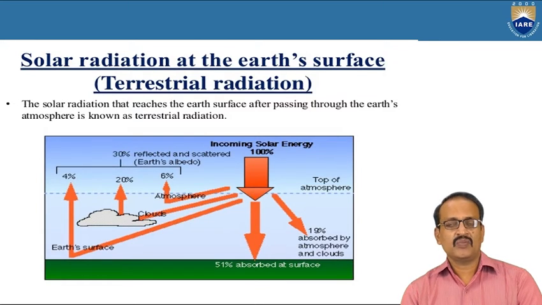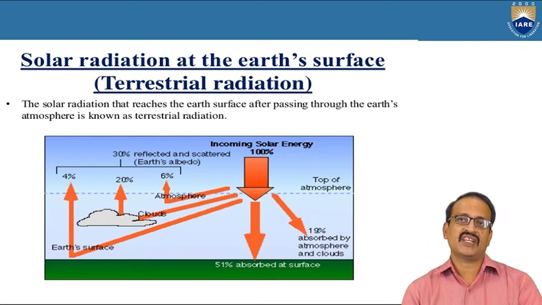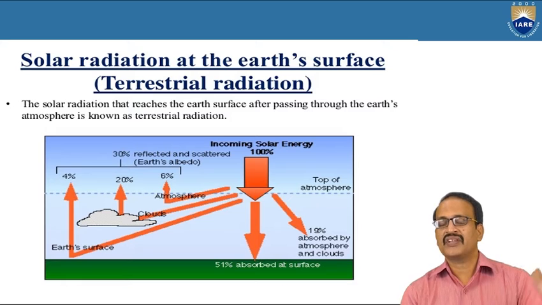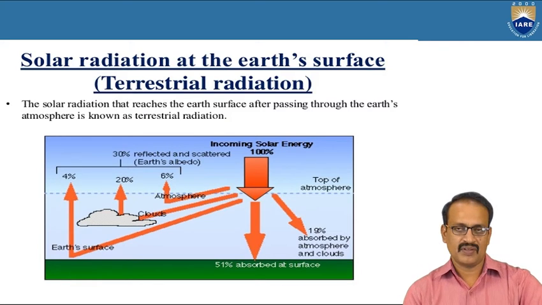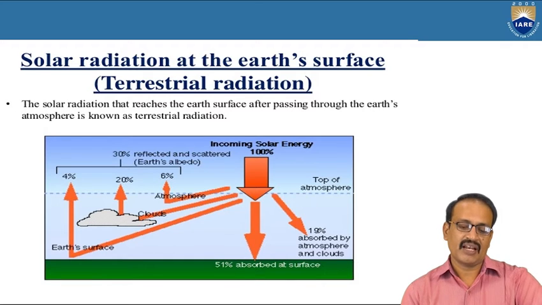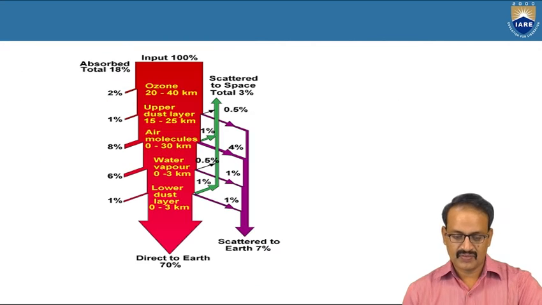The energy which is able to reach the Earth, we call terrestrial radiation, and that which is unable to reach the Earth, which has stopped in the atmosphere, we call extraterrestrial radiation or energy.